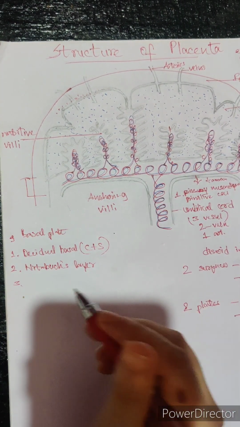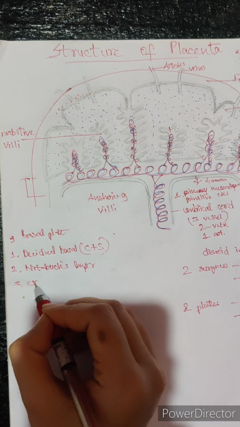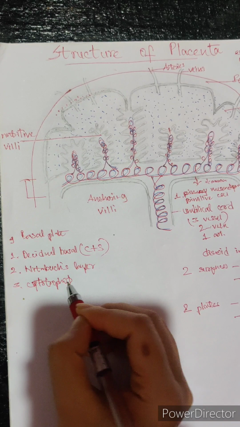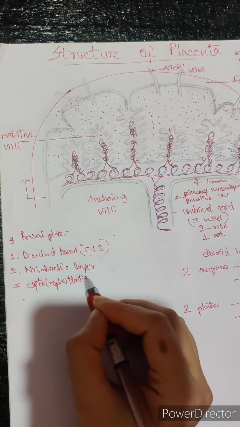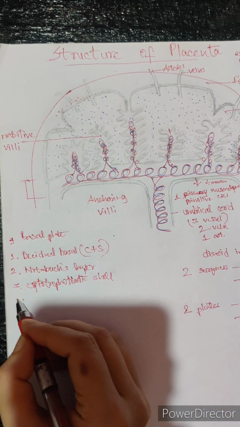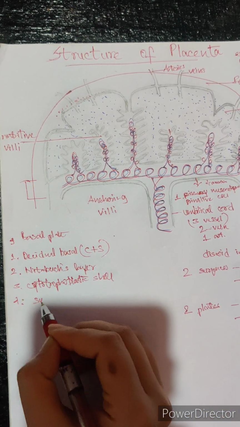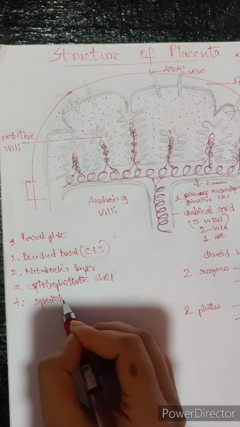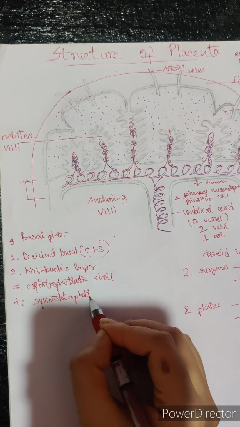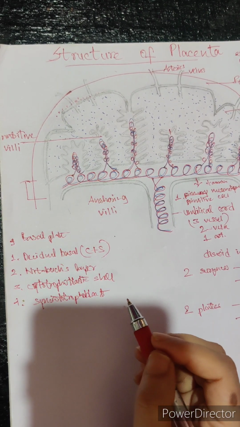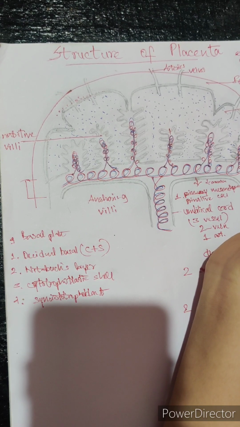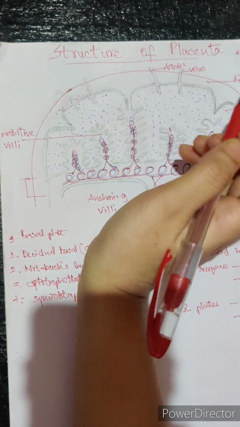Then comes your cytotrophoblastic shell, and last is your syncytiotrophoblast. So this is the decidua basalis.